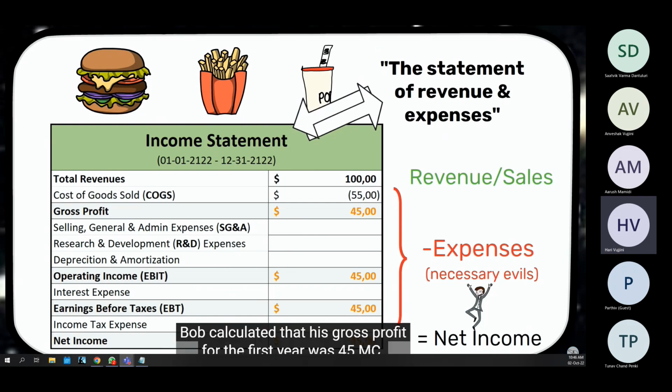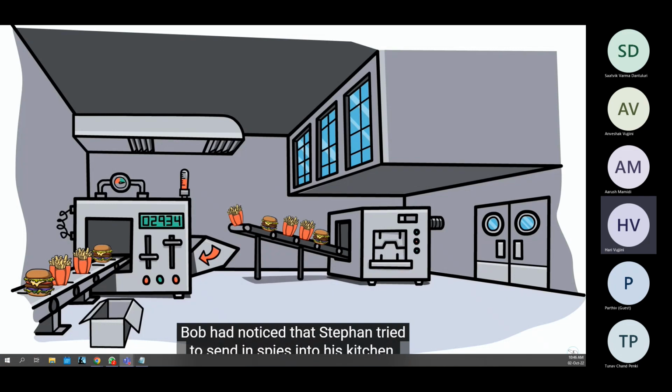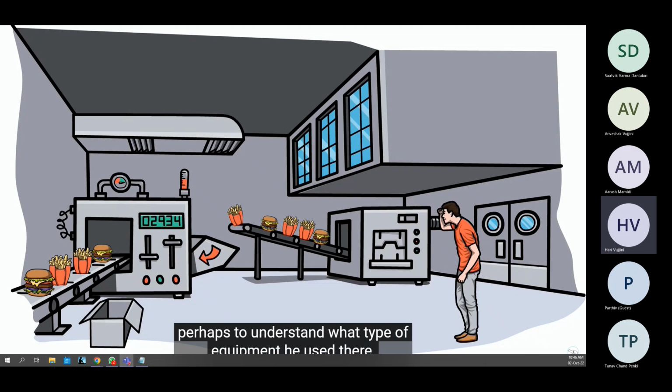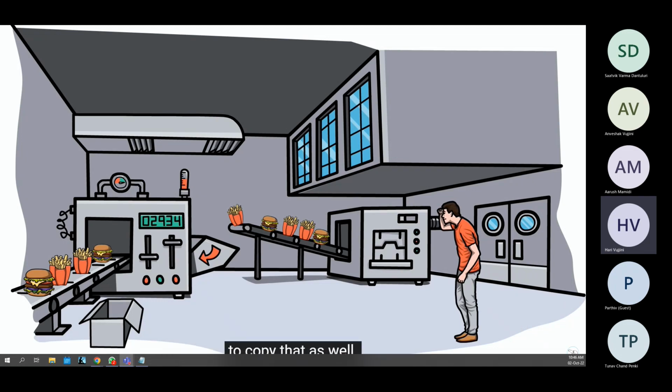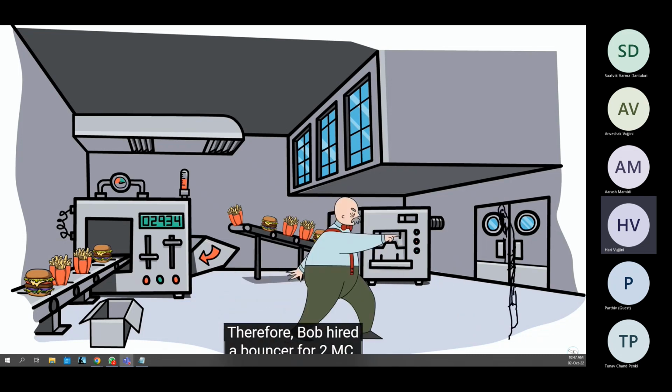Bob calculated that his gross profit for the first year was 45 MC. Bob had noticed that Stefan tried to send a spy into his kitchen, perhaps to understand what type of equipment he used there, to copy that as well. Therefore, Bob hired a bouncer for 2 MC.